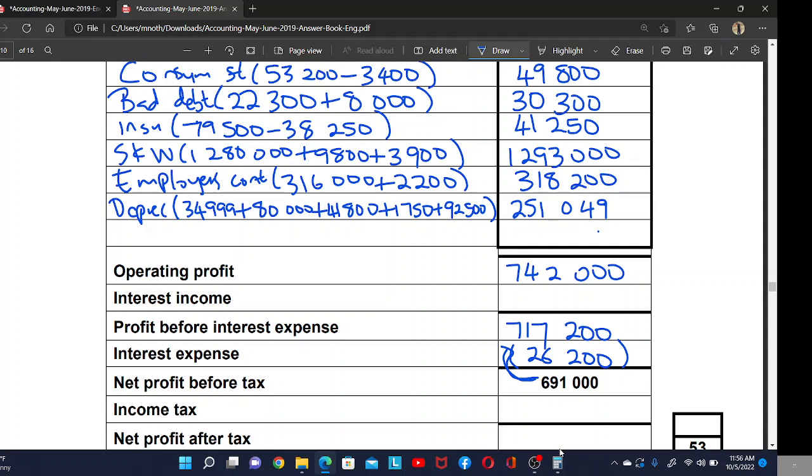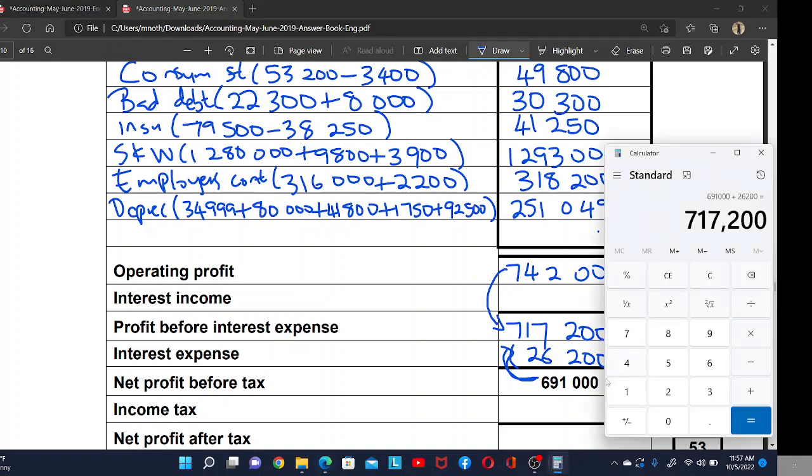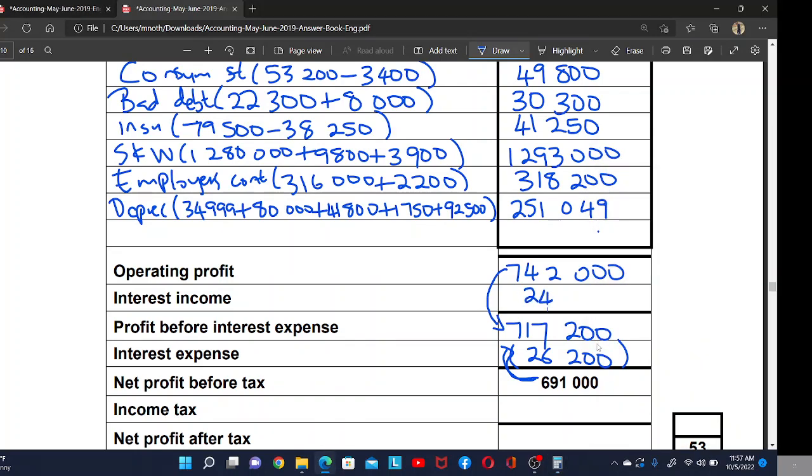But because we don't have the interest income, we are going to say operating profit minus profit before interest expense. So 742,000 minus 717,200 is equal to 24,800.